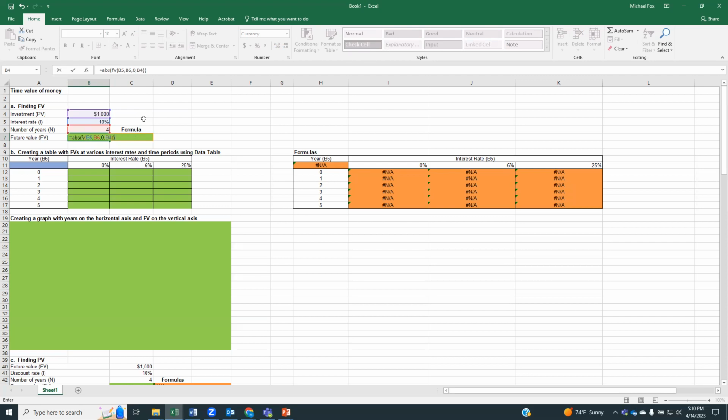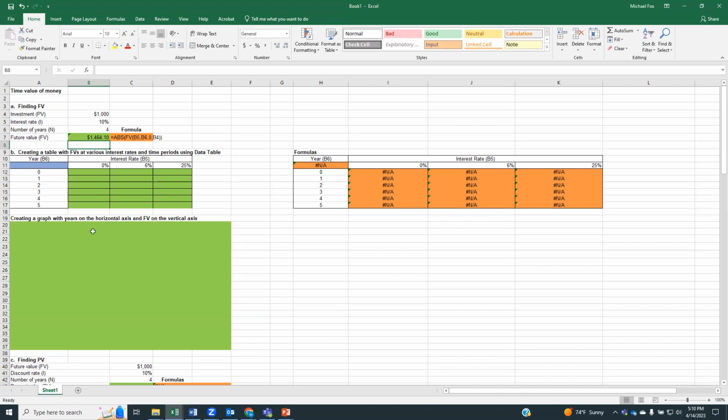What is the future value of that? And the answer is $1,464.10. So if I put $1,000 in the bank and I can earn 10% on it, and it sits there for 4 years, I will have $1,464.10 at the end. Okay, so that's the process we're using here.